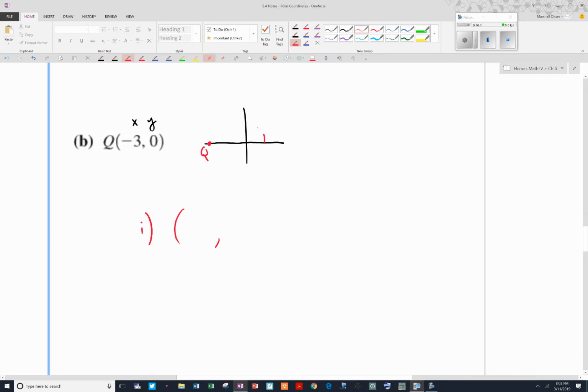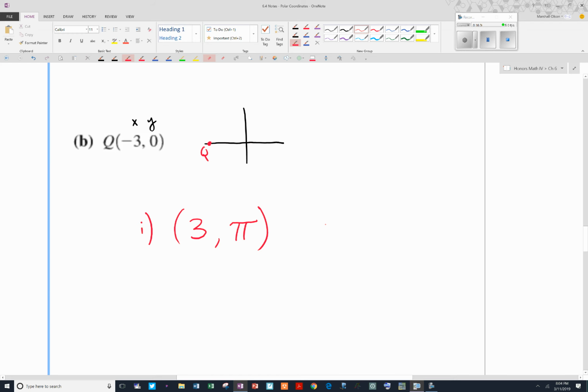So the angle that opens up and has Q on its terminal side is pi. That would be the positive angle there. And then the distance that the point is away from the pole is 3. Notice that I don't put negative 3 there. That is a distance of 3 away from the pole on the terminal side of an angle pi.